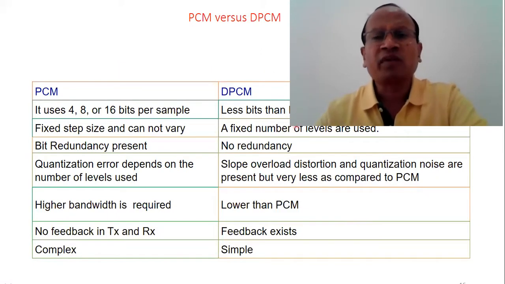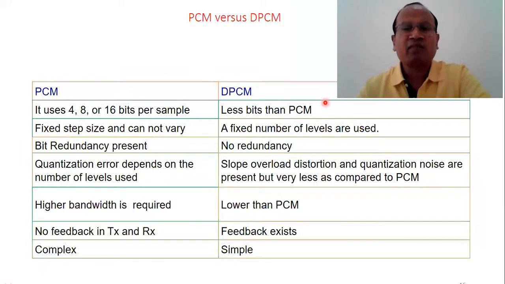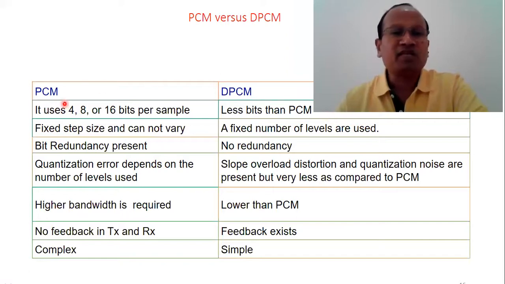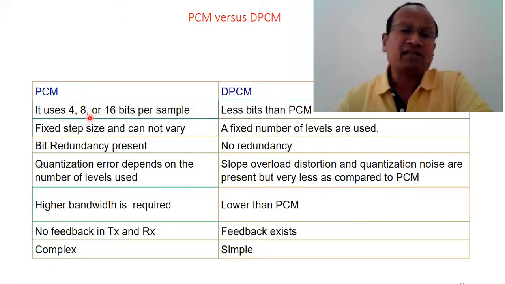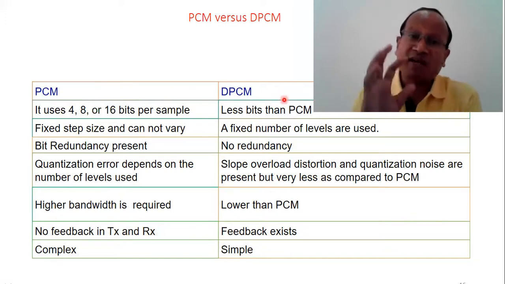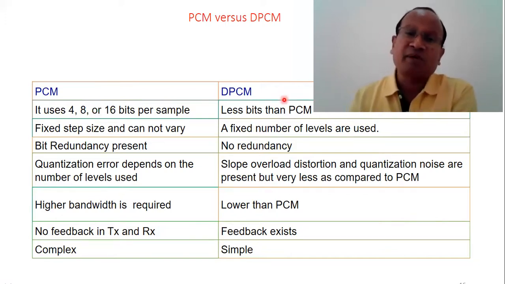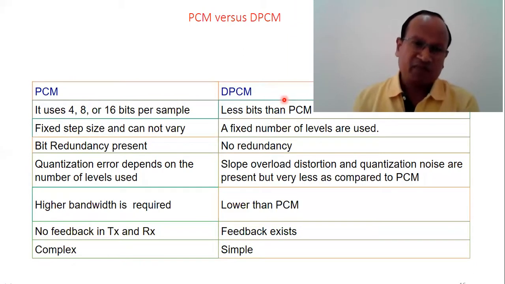This is one comparison of DPCM and PCM. PCM can use 4, 8, 16, or 32 bits per sample, whereas in DPCM the number of bits required per sample becomes very, very much less as compared to PCM.